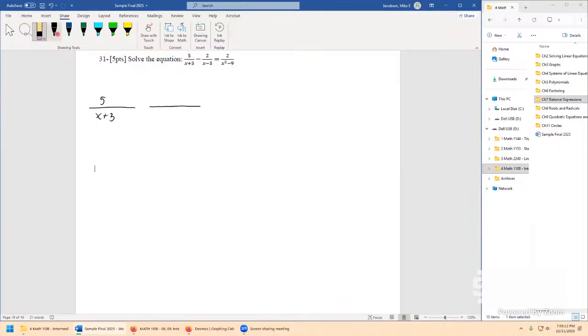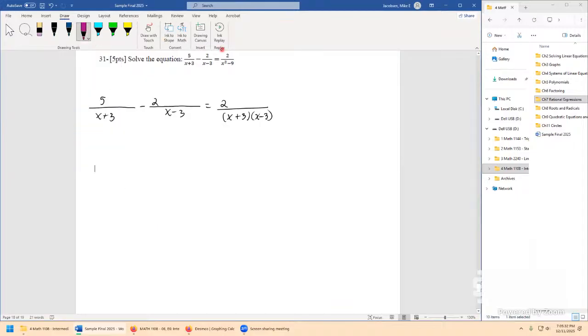It's not a plus, it's a minus 2 over x minus 3 equals 2 over, and then factor this denominator. x squared minus 9 factors as a difference of squares pattern, x plus 3 times x minus 3.